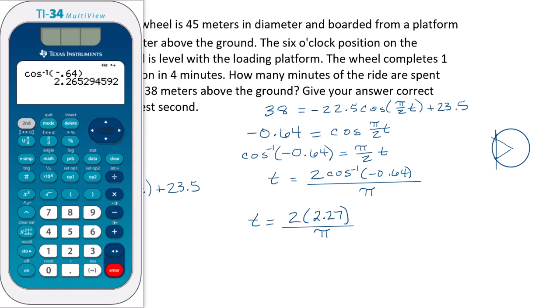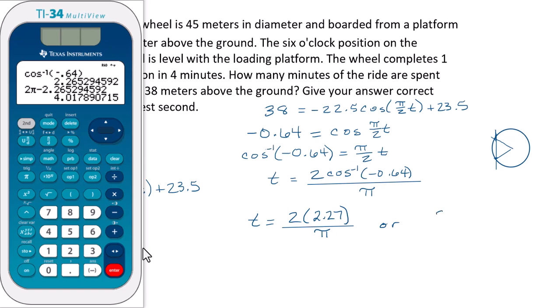So if we take 2 pi and subtract that 2.265, we have about 4.01 is the other place where the cosine is negative 0.64. That makes sense because you're going to hit this height at a certain time on your way up, but then going down you're going to hit that same height again.